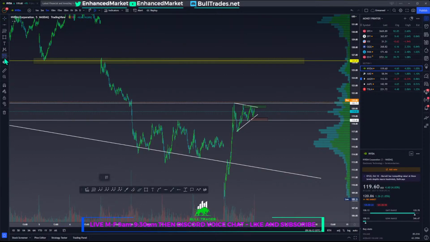Right, so let's see what the risk to reward on this is. All right, entry point here, price target here. Oh wait, this is a short position, long position. This is a 4.7 risk to reward.